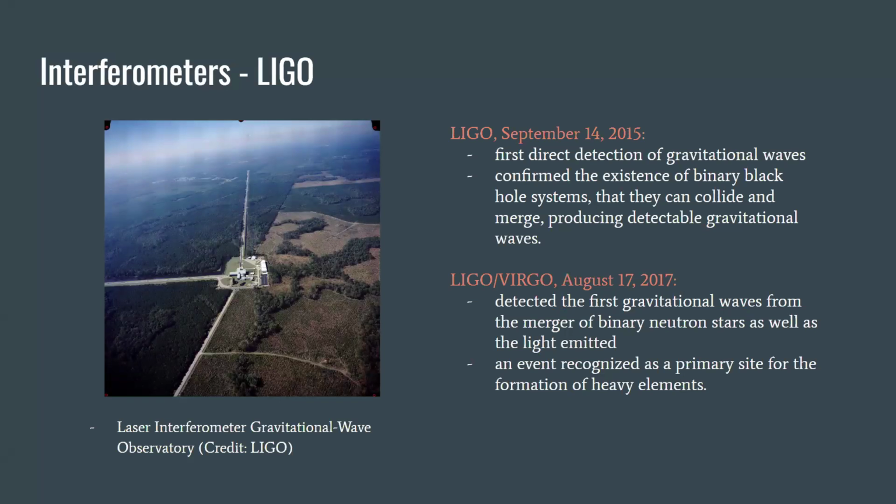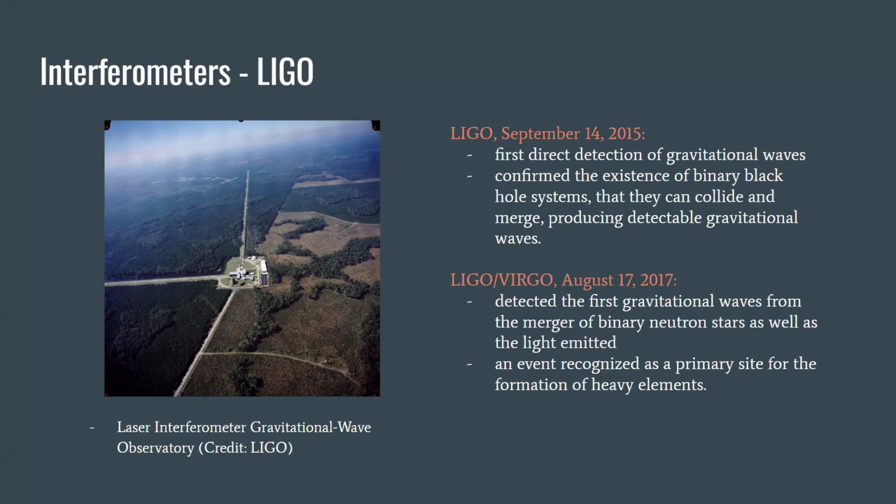Now, with 4-kilometer arms, we can detect a gravitational wave effect of approximately one thousandth the diameter of a proton. So, like I said before, it's a very, very small effect. Imagine 4 kilometers just for something smaller than the diameter of a proton. Still, with this experiment, we have made huge discoveries.